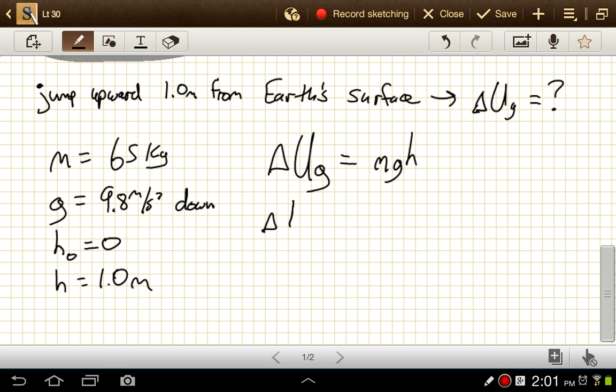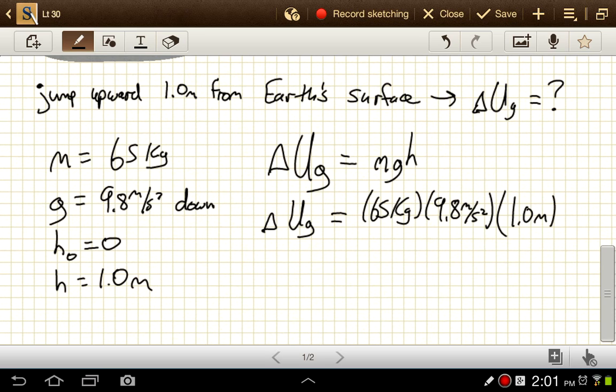So the change in gravitational potential energy is going to be 65 kilograms times 9.8 meters per second squared times, really this is height final minus height initial, but our initial height is just 0. So this one we're just going to do 1.0 meters. And for delta UG, the change in gravitational potential energy, we get 637 joules.